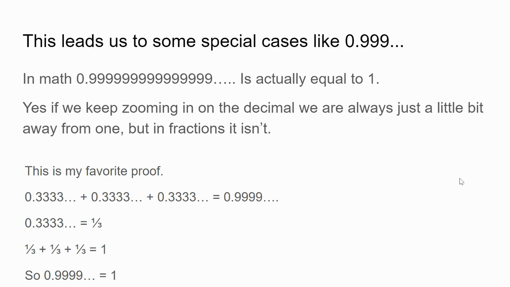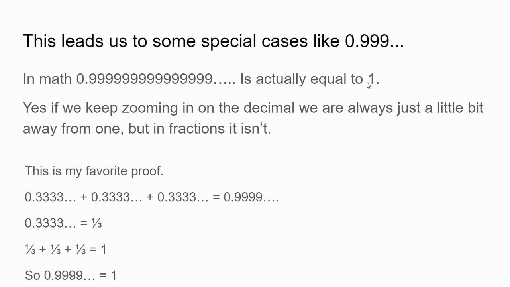And it also gives us really interesting things. So 0.999 repeating, in math, is actually equal to 1. And it really took me a long time to learn this. So I look at 0.9999 and I go, okay, every time I add another 9, that's not exactly 1.